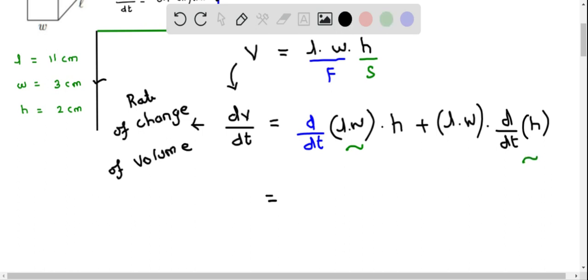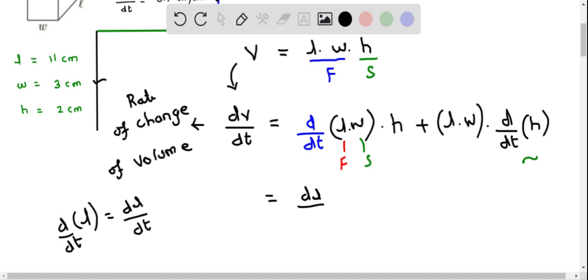Now let's continue. Notice that we still have to find the derivative of this quantity as well as this quantity. So once again, we can apply the product rule here. That is, to find the derivative of LW, we have to apply the product rule. So I'm going to consider length as first and then the width as second. So first we have to find the derivative of L. So derivative of L with respect to time, we can write down as dL over dt. So I put dL over dt times the second.